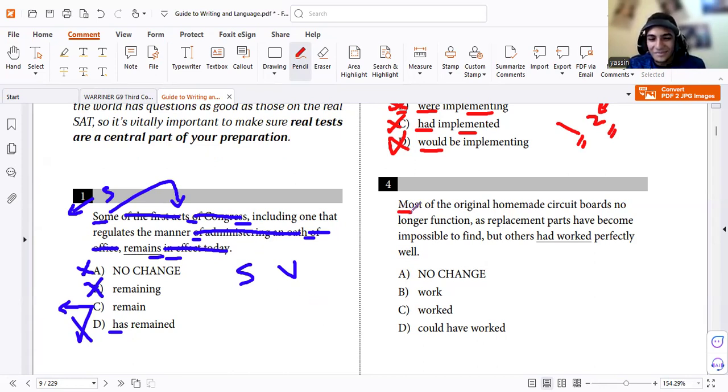Look, most of the boards no longer function in the present because replacement parts have become unavailable. So we're talking about facts, giving you facts. So why must it be past perfect? Why past simple? And could have means it had the ability in the past.